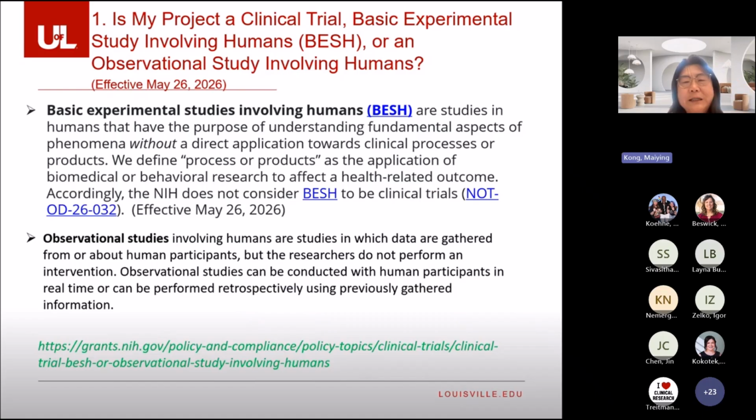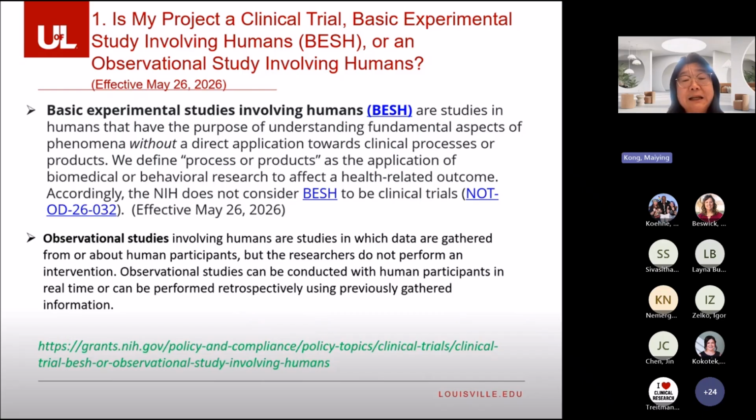For human subject research, there are also 2 other categories. One is the basic experimental study involving humans. These are studies in humans that have the purpose of understanding fundamental aspects of phenomena without a direct application toward a clinical process or product.